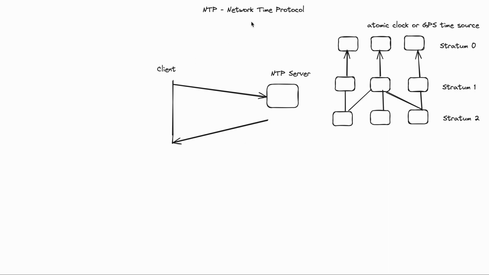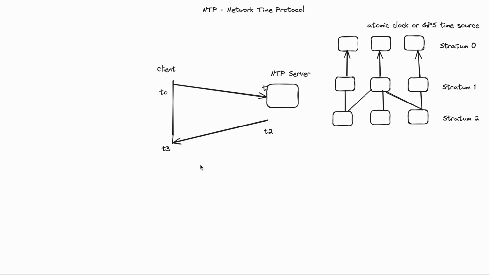Let's call the times T0, T1, T2, and T3. T0 is the time of the request transmission, and T1 is the time of the request packet reception at the server. T2 is when the server has processed the request and sends the response with the server time. T3 is the time when the client receives the response packet from the server.